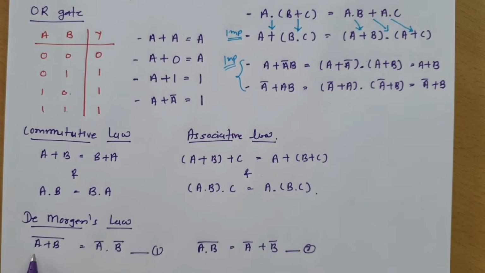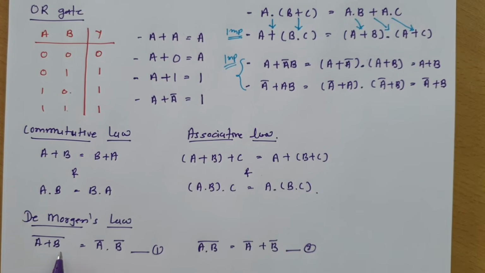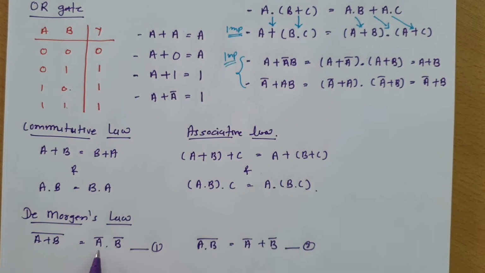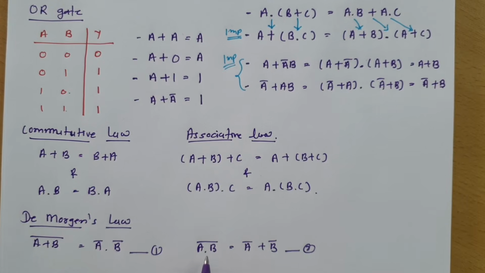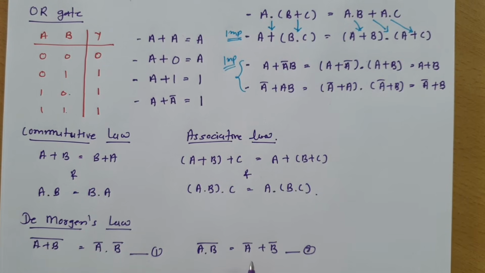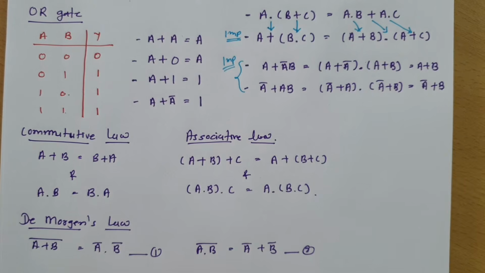It means the complement of a sum is equal to the product of complements, and the complement of a product is equal to the sum of complements, right? So that is what we have already derived.